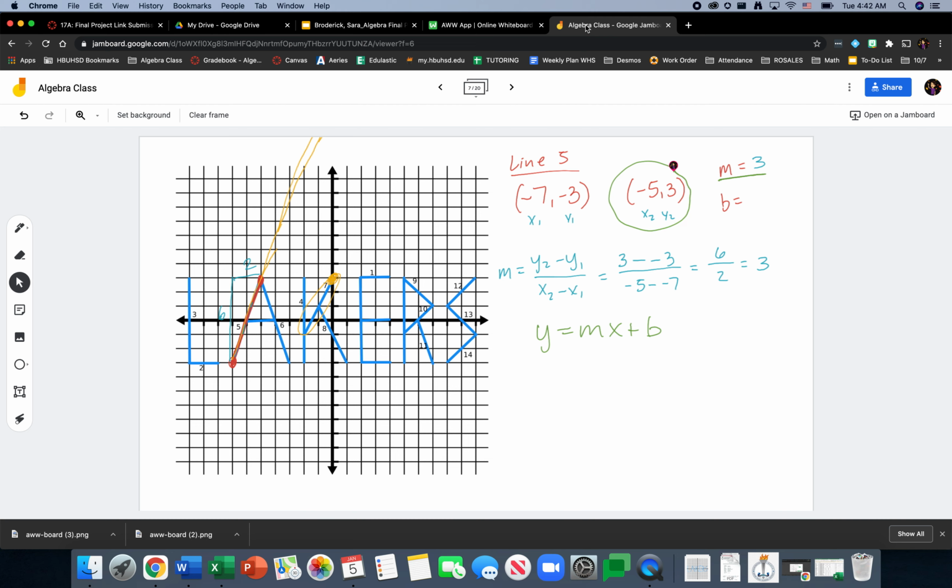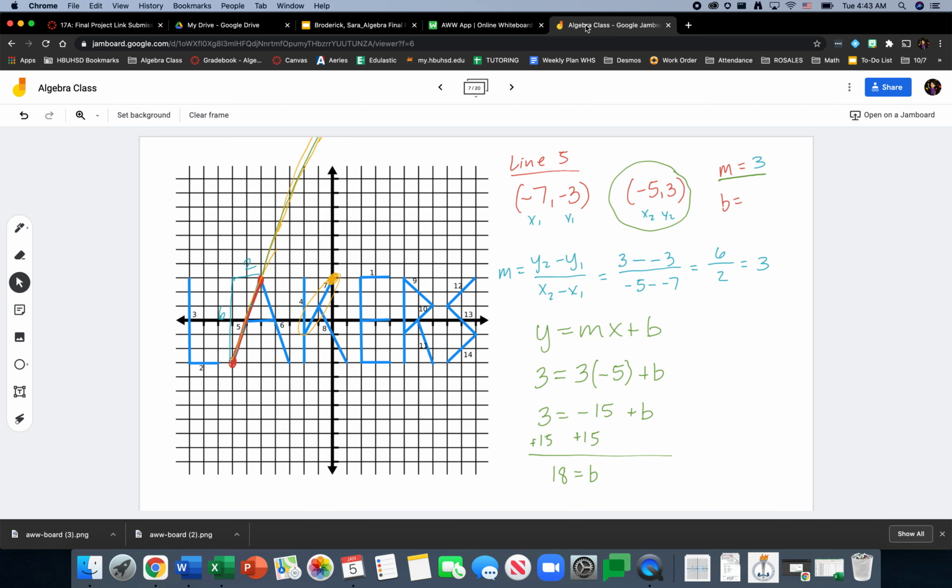So I'm plugging in my y value is 3, my m value happens to be the same, also 3, my x value is -5, plus b. So now I'm going to multiply. I need to get b by itself. I get 18 equals b, which of course makes sense, right? I'm imagining this line going up, and it seems like, yeah, it'll probably hit around 18.